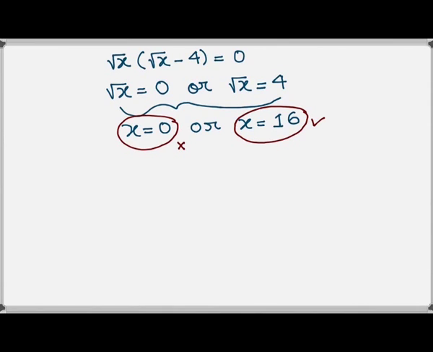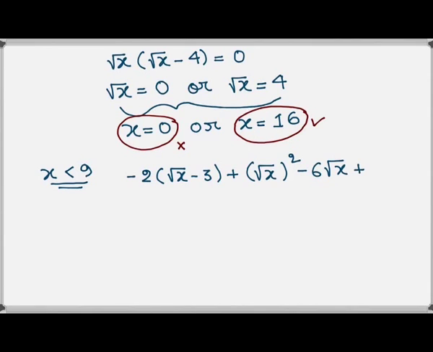Now we consider the next case, that is the case when x is strictly less than 9. In this case our equation becomes −2(√x − 3) + (√x)² − 6√x + 6 = 0. So therefore we have (√x)² − 8√x + 12 = 0.